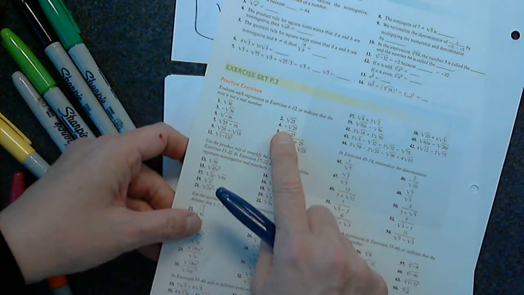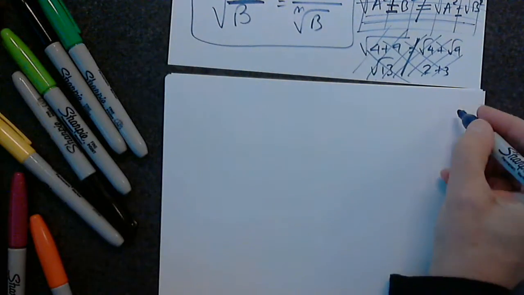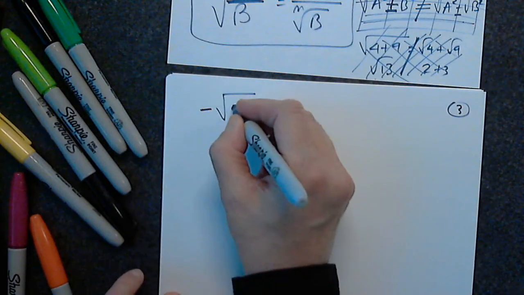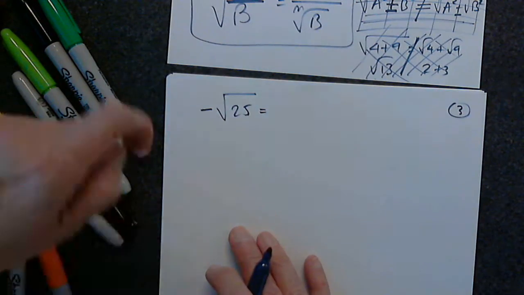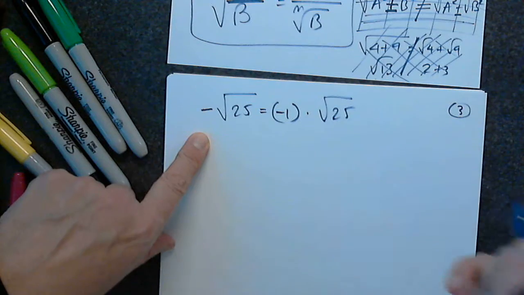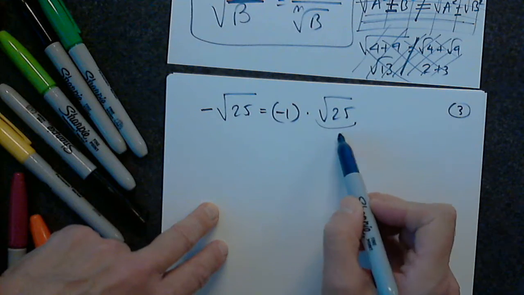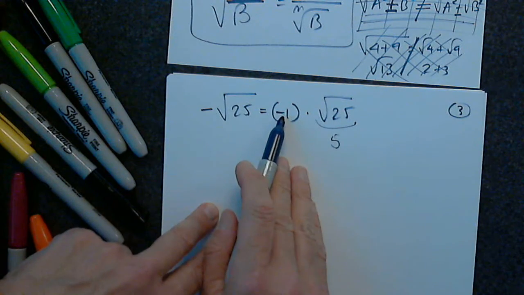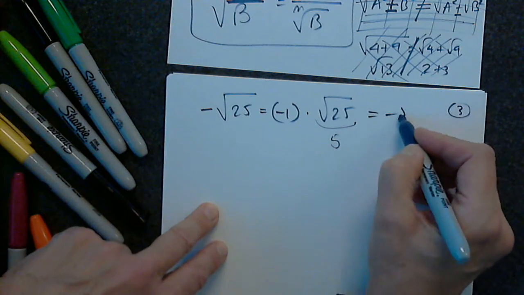Now, here's the negative square root. We talked about the positive square root. But if we have this, this means negative 1 multiplied by the square root of 25, which is 5, but 5 multiplied by negative 1 will give us negative 5.